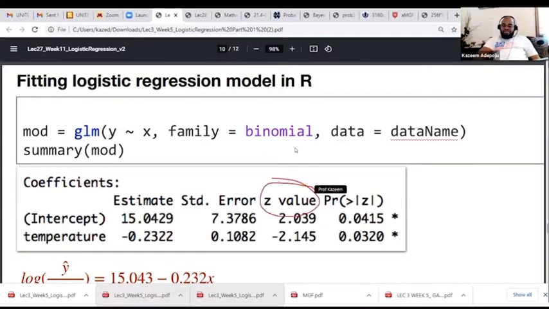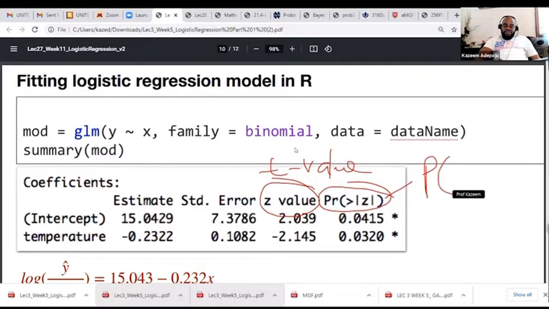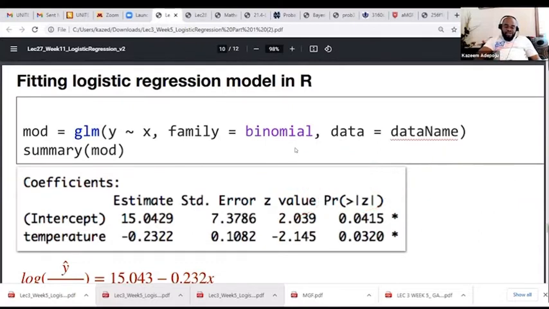What you're going to see in linear regression is the t value. If you check what we've been doing before, also check the p-value. The p-value that you're going to see in linear regression is the one associated with t. So please watch out for that. That is one of the differences.